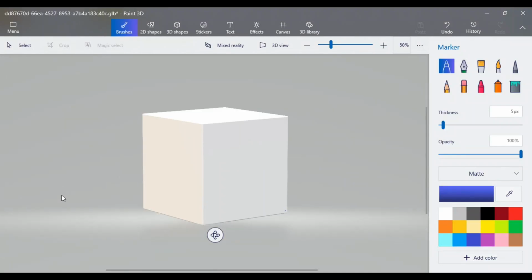So in the Paint 3D application, I have inserted a cube from 3D shapes. Now let us write the letters they have given in the image.